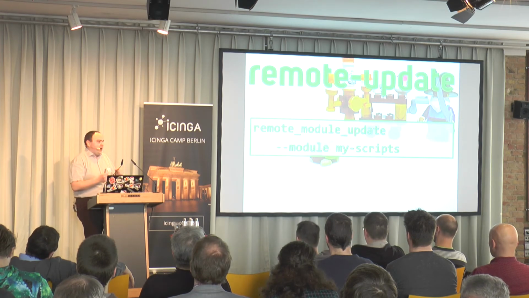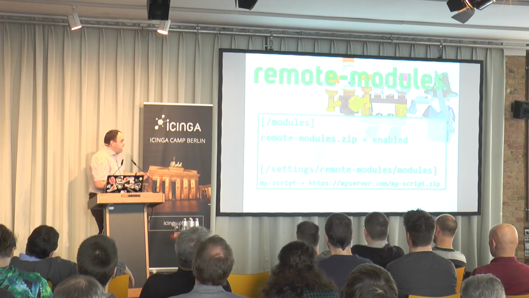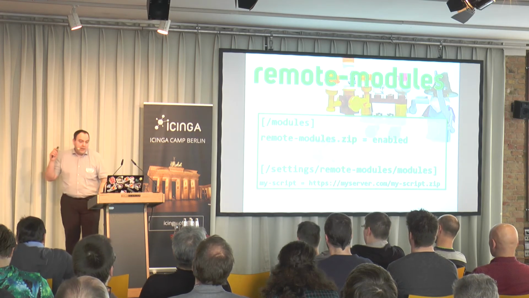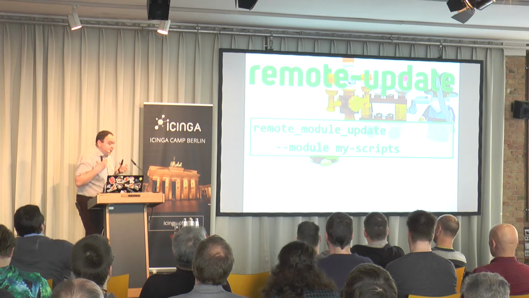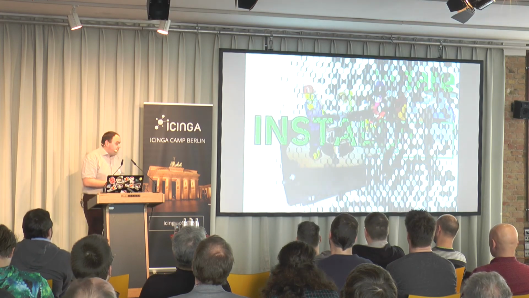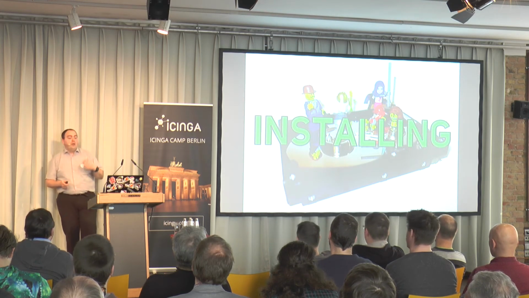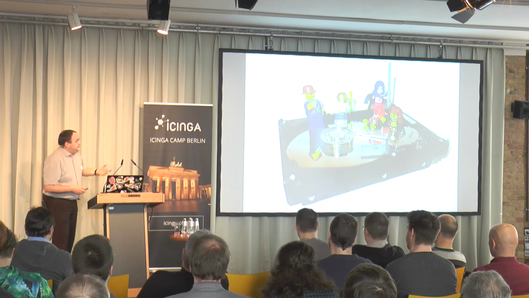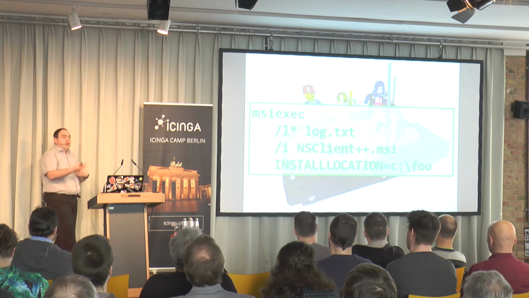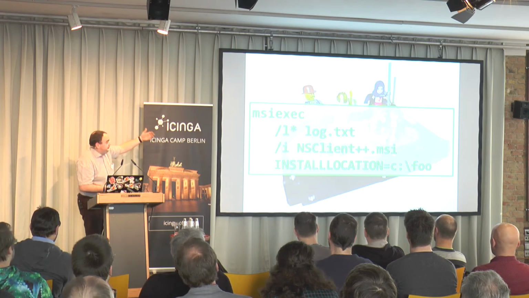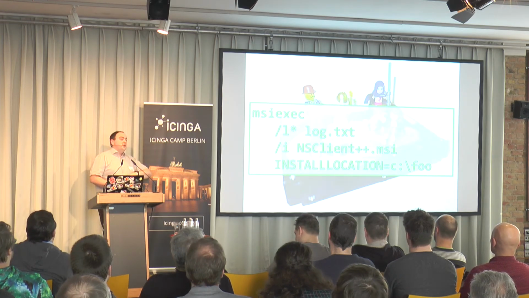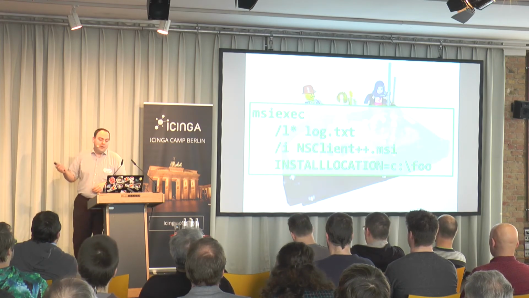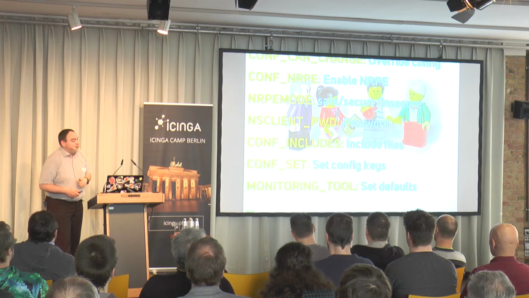So that just leaves the little tiny bit to get these 4 lines into the NSClient.ini file. And fortunately, we also have a solution for that, because in Windows there's something called MSI, and that's what you install, right? And there's a command line for installing MSI files. So essentially you can do something along the lines of this, where you can say, install it into this folder, put the log file over here, and weird stuff like that. But there's a whole bunch of other things you can tell it too.